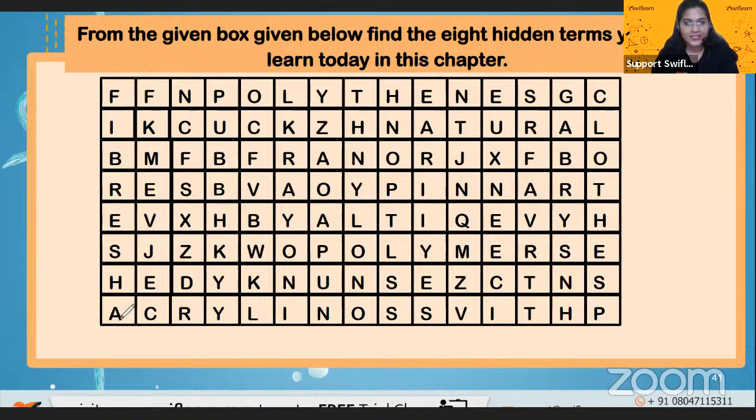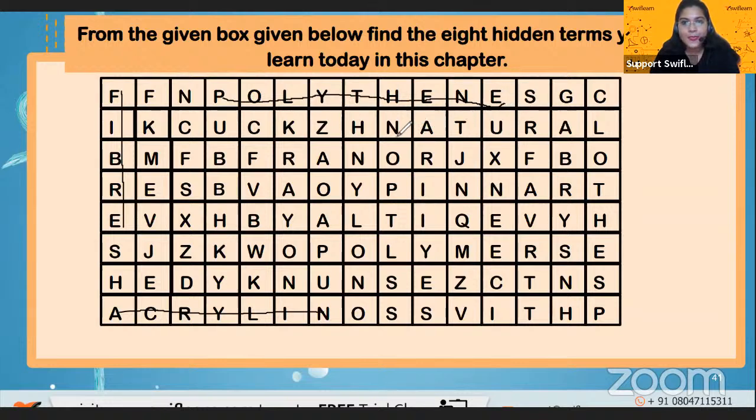What is that? Acrylic. Chalo, one is done. Can you find any other word? Yes. Fibers or fiber. Okay. Anything else? Yes. The first line has polythene. Yes. The polythene. Okay. Anything else you can find?